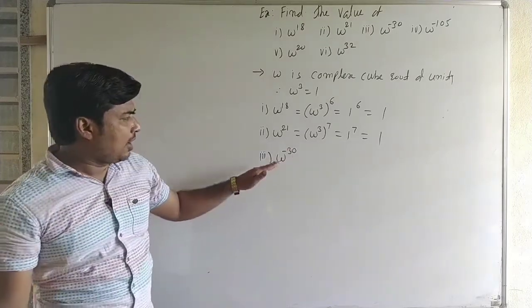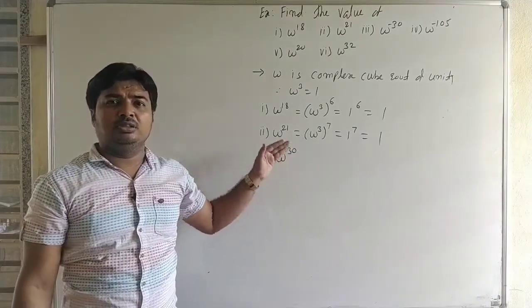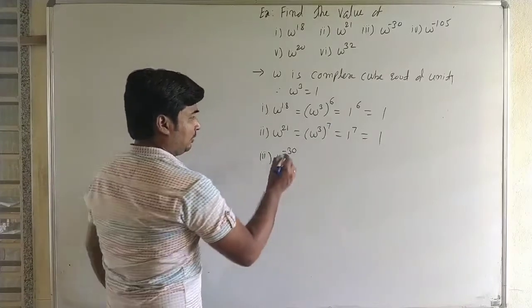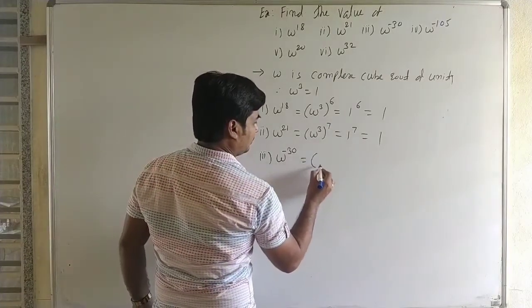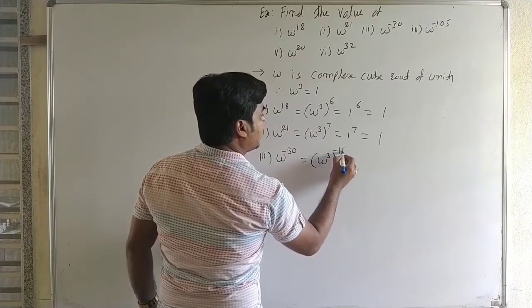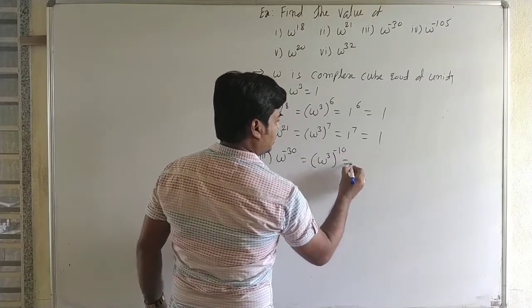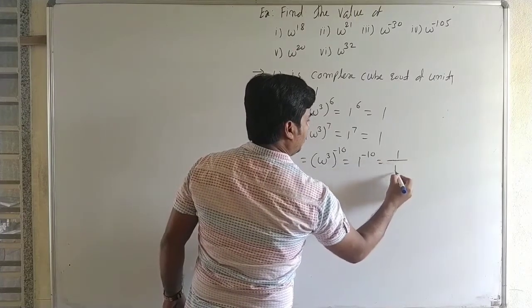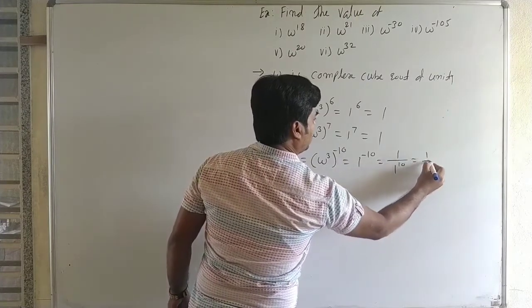Here make the power positive first, then check divisible by 3. Minus 30 is also divisible by 3. Therefore we can write omega cube to the power minus 10, and then it is 1 to the power minus 10. This can be written as 1 upon 1 to the power 10, which is 1 upon 1.